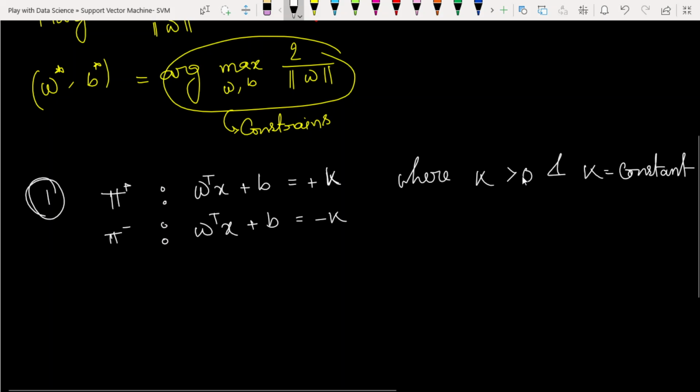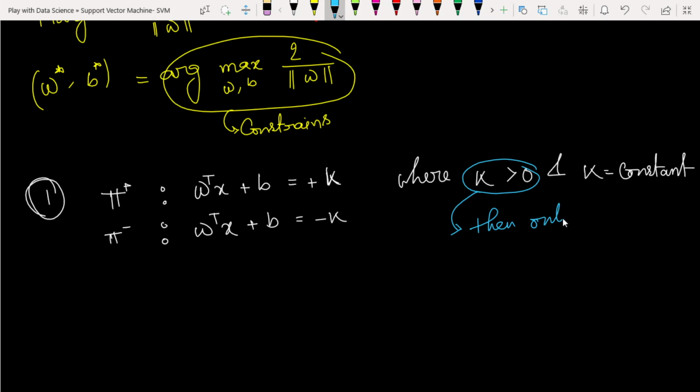Because only then are our positive optimal plane and negative optimal plane away from our pi.